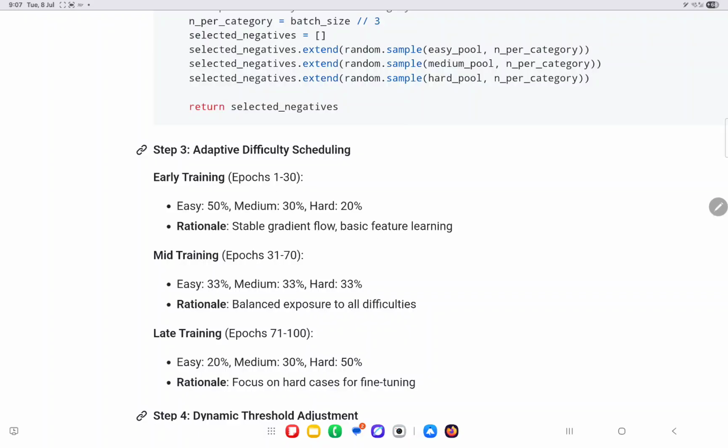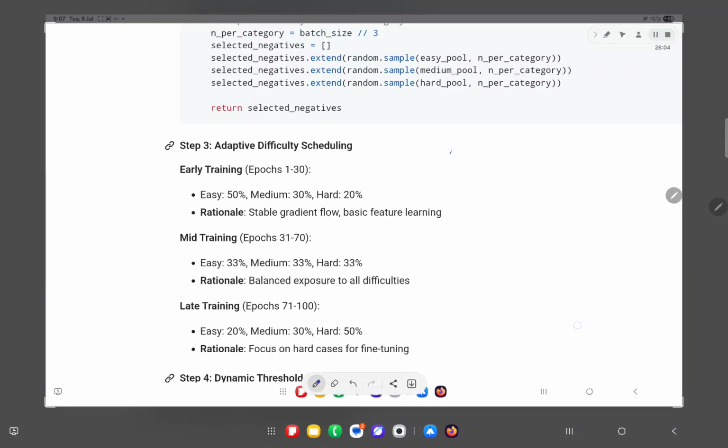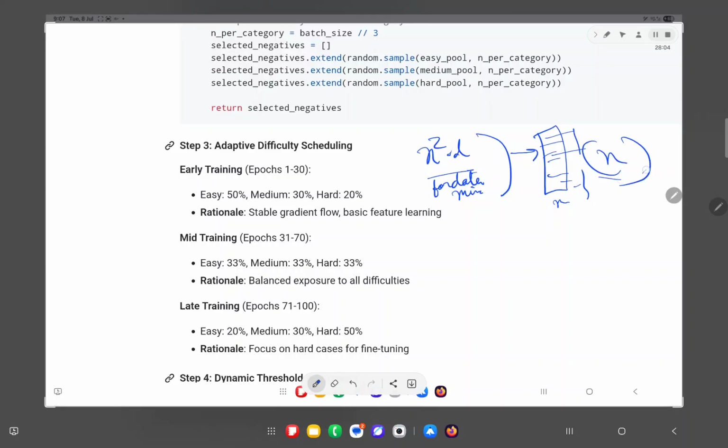So overall there is cubic complexity for each epoch. N square into D, this one is for data mining, and this would generate somewhat like n pairs, and for each epoch we would be going through every pair, so there will be an additional n multiplied for each training epoch if we are doing this data mining for every epoch, so extremely expensive.